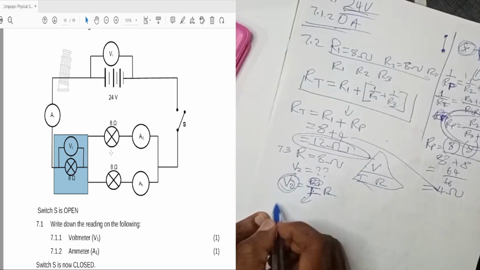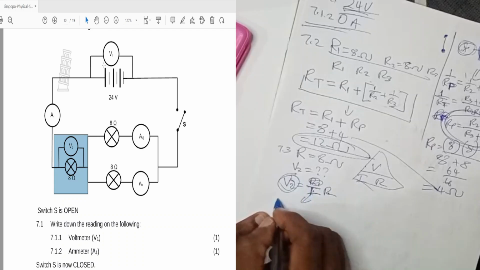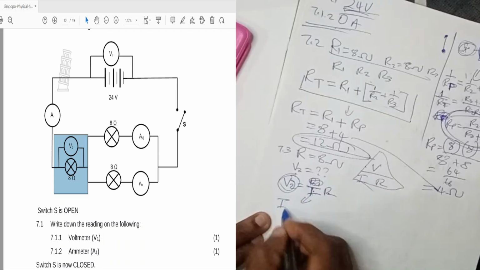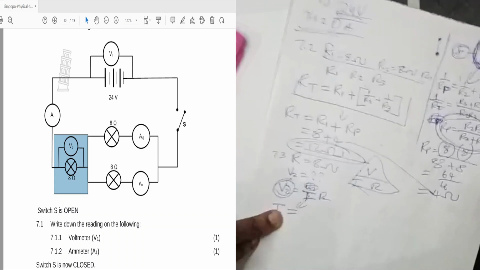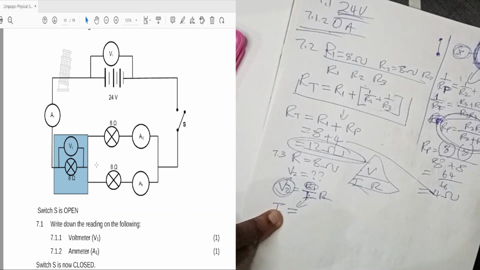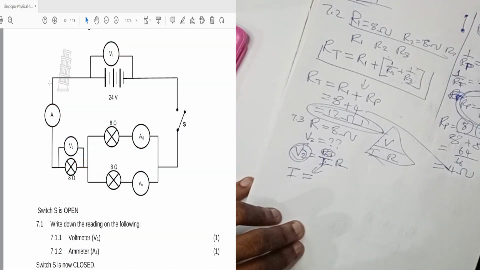Remember, in a series, current is the same everywhere. It means the current we get here is the current across everything. It's just that when it reaches here, it splits.